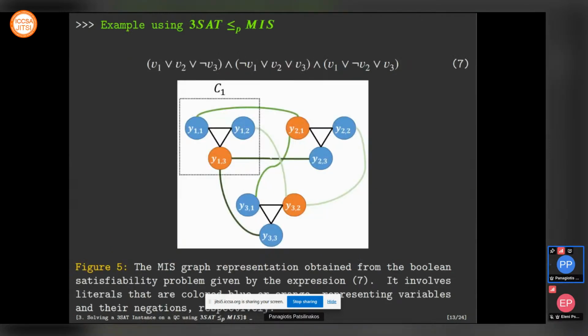For example, for our very simple example above, we have a first clause with a negation of v3. It is related to that Y13, and we will connect it to its negation v3 here and v3 here. So we obtain a new graph, and we optimize the number of vertices we select in the so-called independent set.